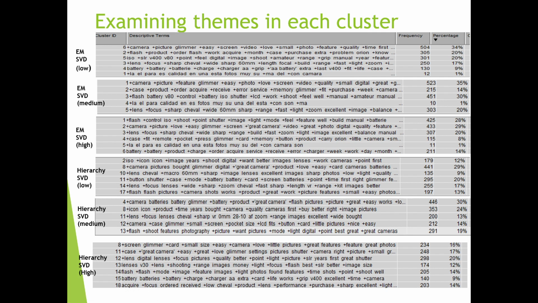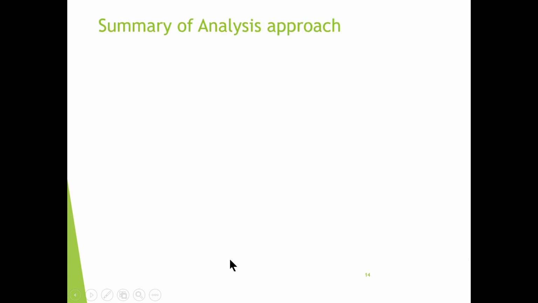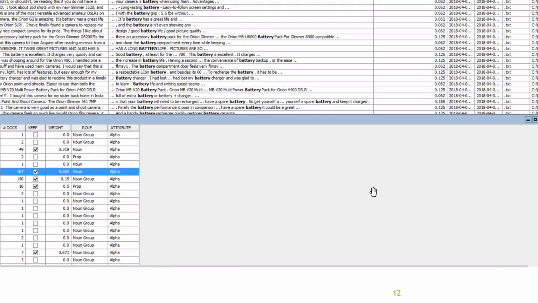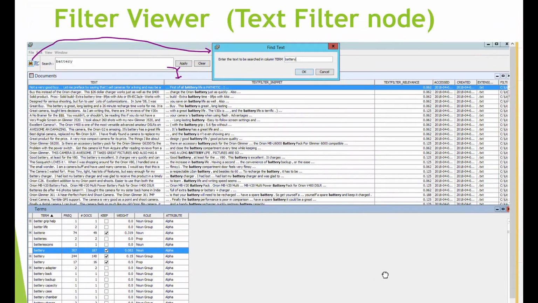So we can actually go back to the filter viewer, which is in the filter node, and look at some of the documents. In this case I use the word battery because battery also occurs very often in the clusters.